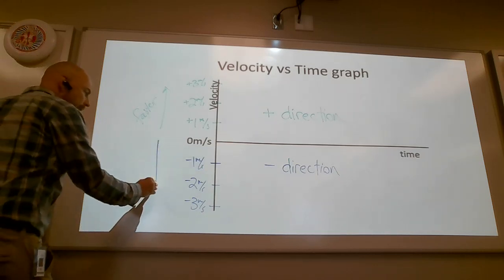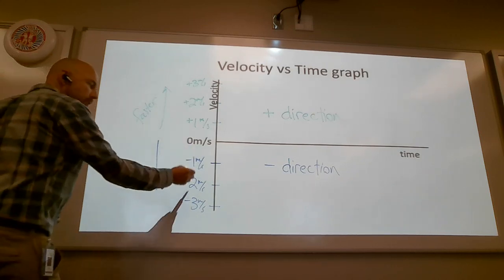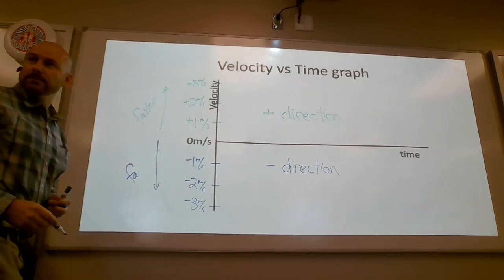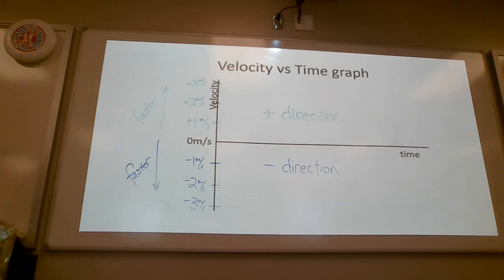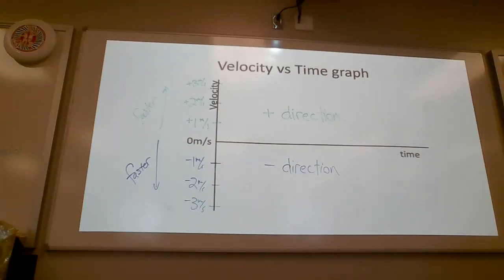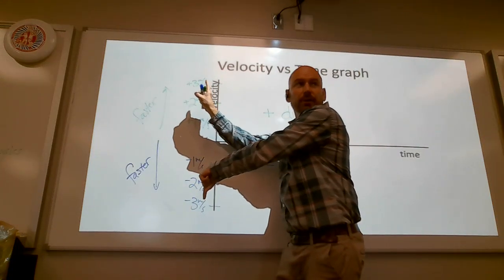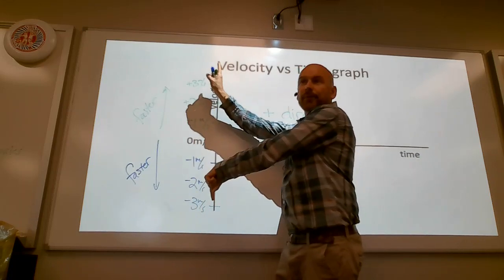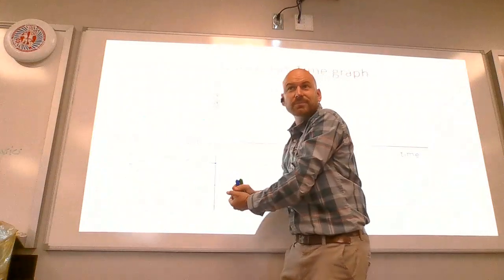As you go this way, you're going from 1 meter a second, 2 meters a second, 3 meters a second, you also get faster. That's the part that usually messes people up. So in summary, as you go away from the x-axis, you're getting faster. You go away from 0, you're getting faster. As you go towards 0, as you go towards the x-axis, you're getting slower.